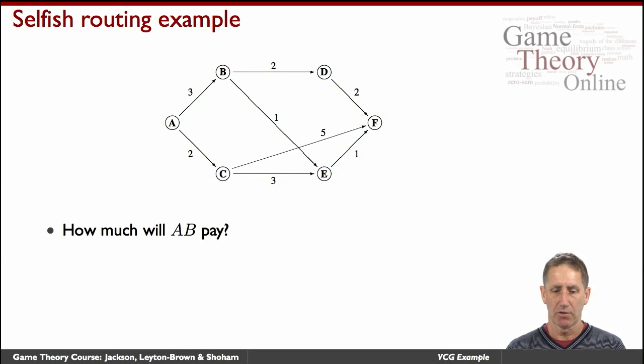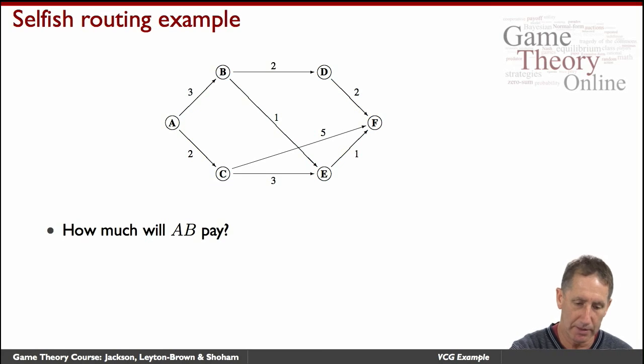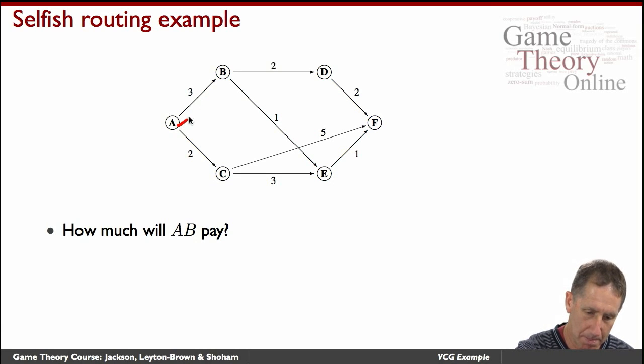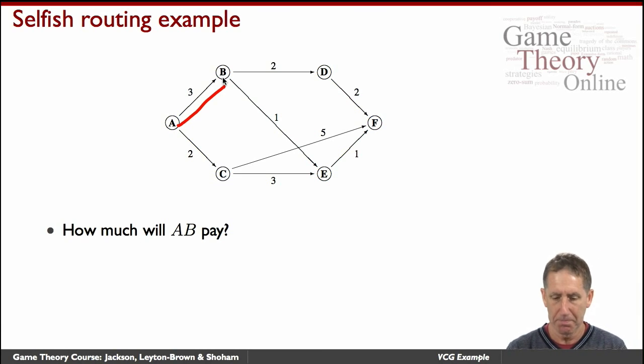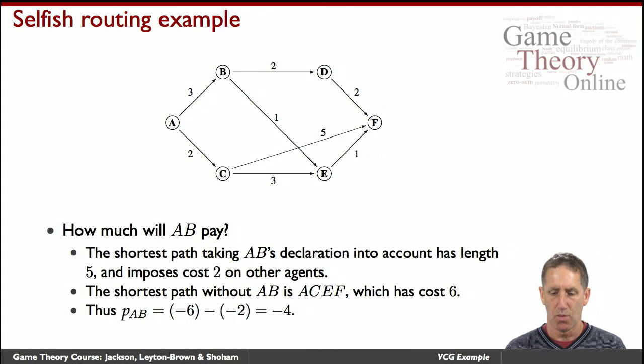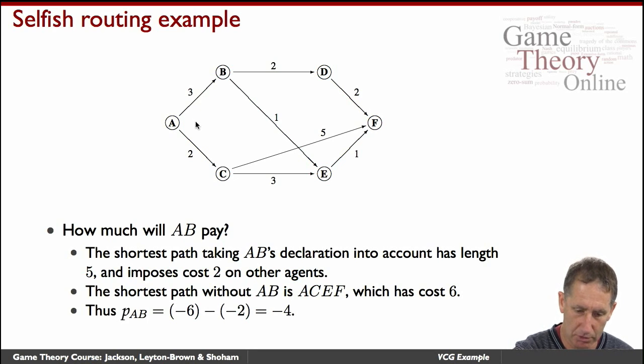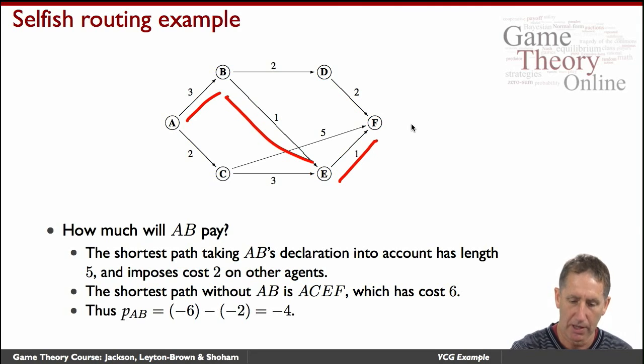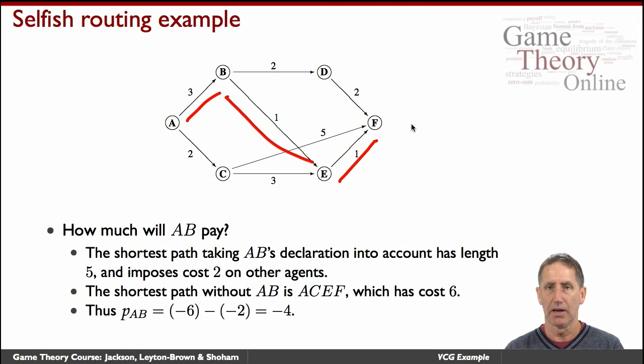What about edges that do participate in the shortest path? So let's look, for example, at one of them, at AB. With AB, the shortest path, as we know, is this one. And how much would all agents, other than AB itself, pay, what is the cost on the agents on the shortest path?